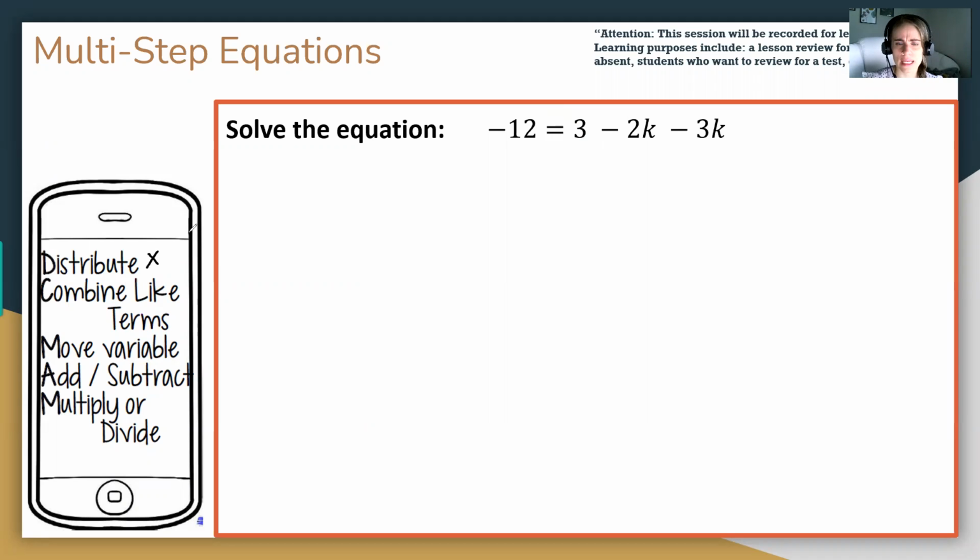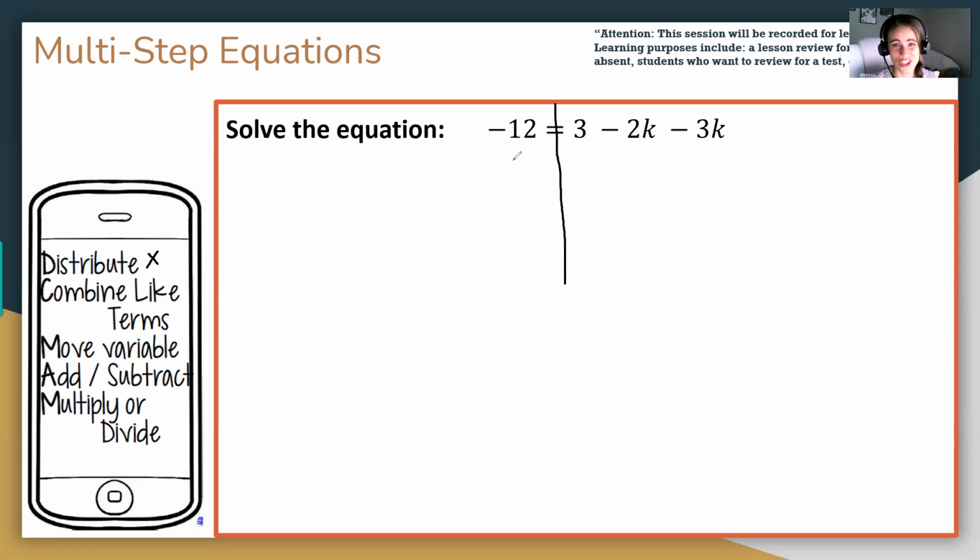How about combining like terms? Ooh, this one's a little tricky. So what I'm going to do to help me answer that problem is I'm going to draw a line through my equal sign. Because when we're looking to see if we're combining like terms, that means we're on one side of the equation. So if I look on the left, all I have is a negative 12.